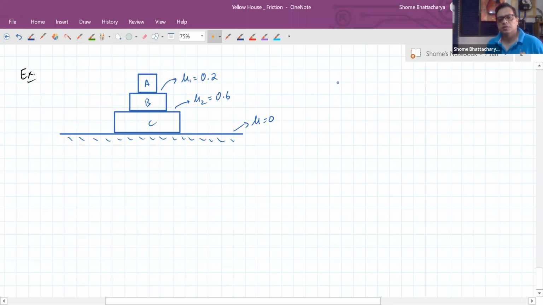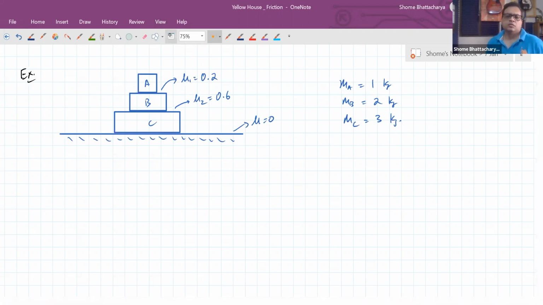Okay. And masses are given to us as 1 kg, 2 kg, and 3 kgs like this.